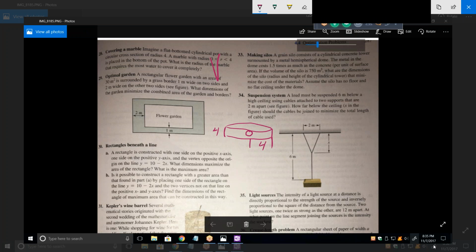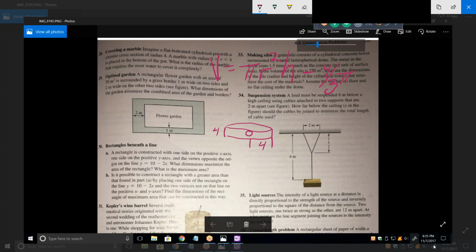The volume of a cylinder is pi r squared times height, minus the volume of the marble. Isn't it like 4/3 pi r cubed?